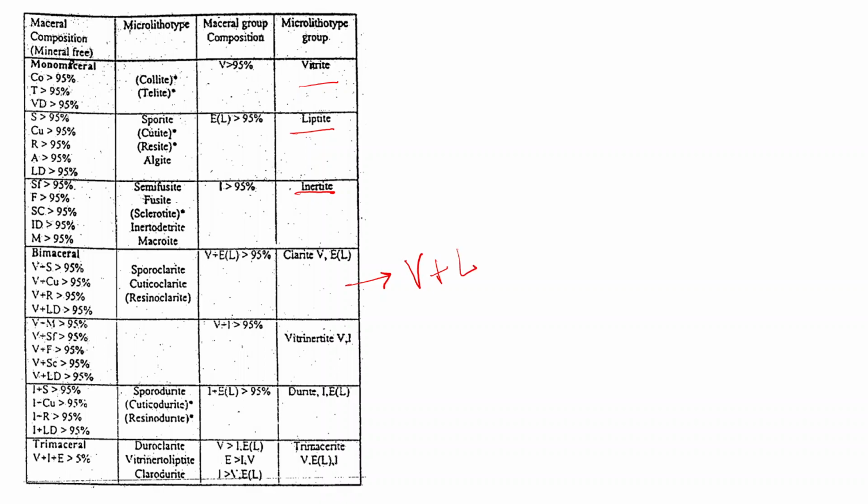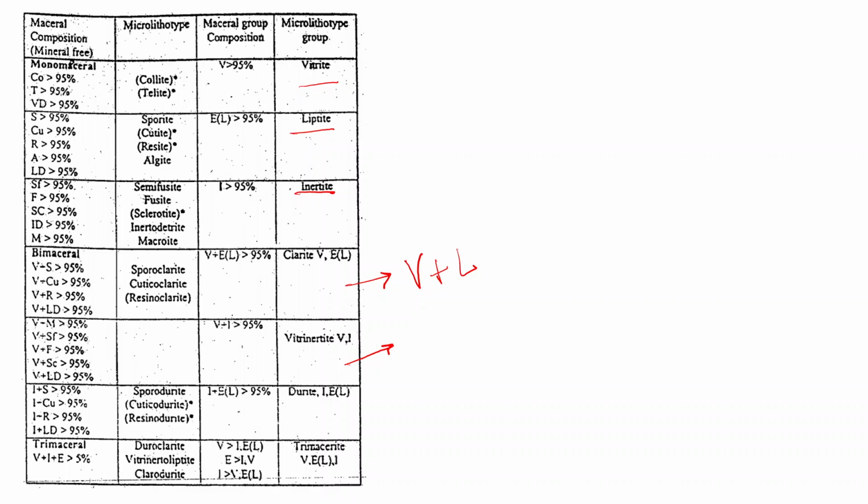While in vitrinertite, it is vitrinite plus micrinite, or vitrinite plus semifusinite, or vitrinite plus fusinite, vitrinite plus sclerotinite, and vitrinite plus inertodetrinite.